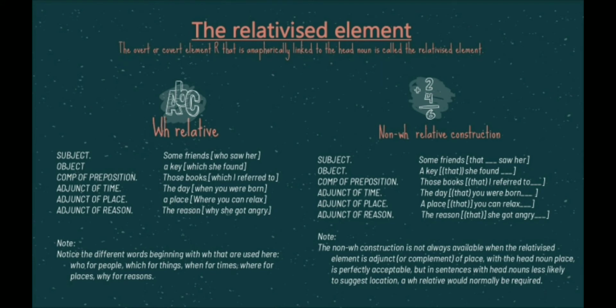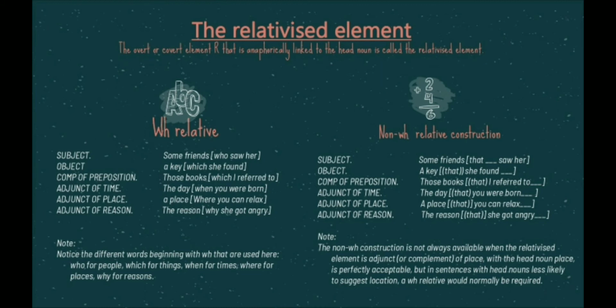Another type of relativized element is the non-WH relative construction. For examples: some friends that saw her, a key that she found, those books that I referred to, the day that you were born, a place that you can relax, the reason that she got angry.